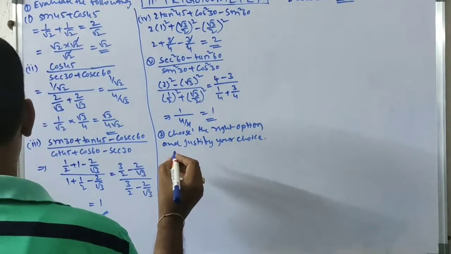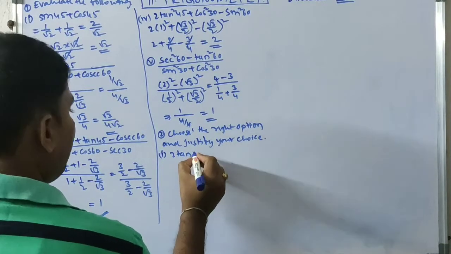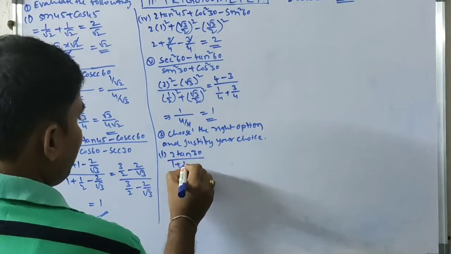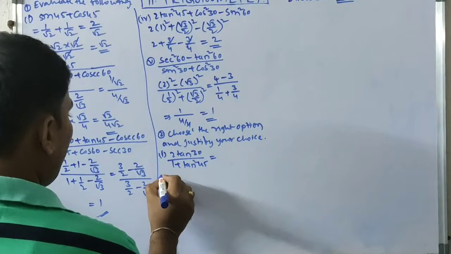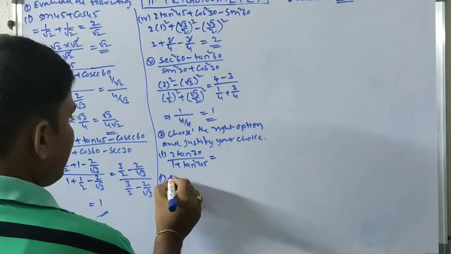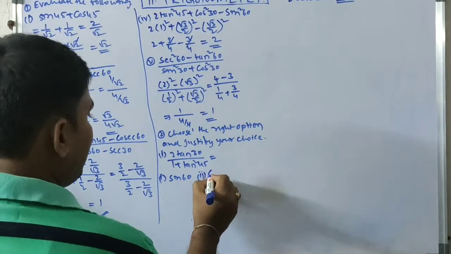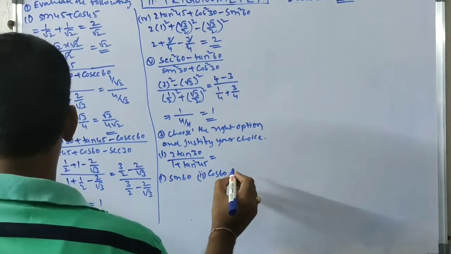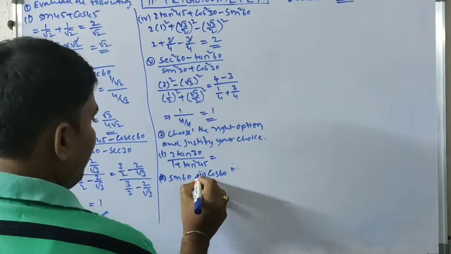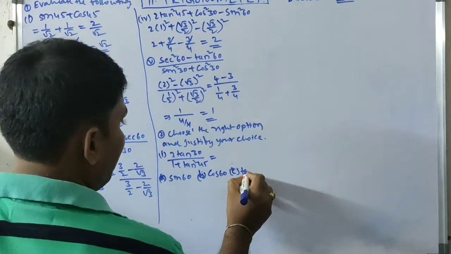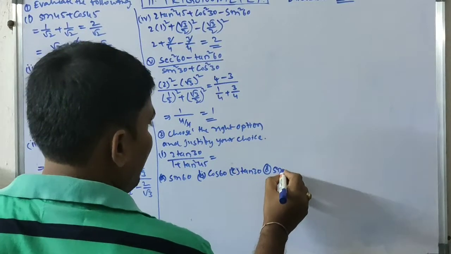So first one, 2 tan 30 by 1 plus tan square 45 equal to: first one sin 60, second cos 60, third tan 30, fourth sin 30.